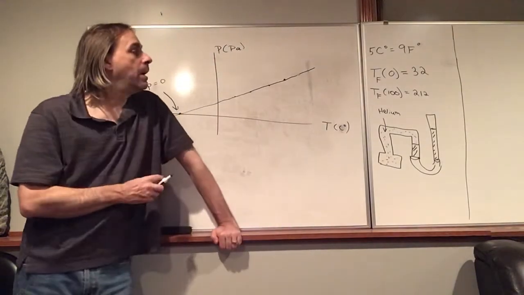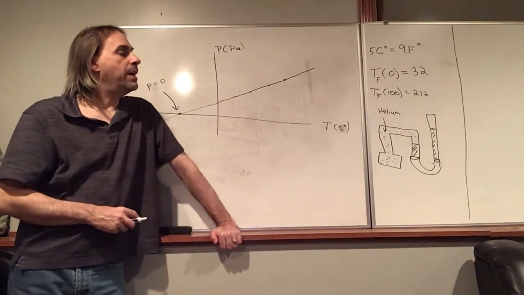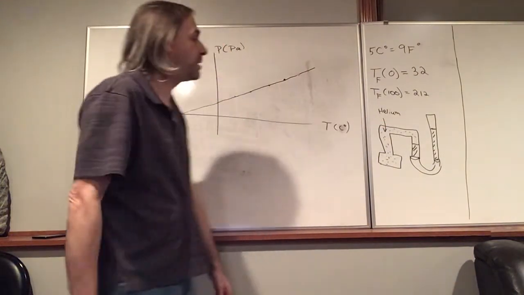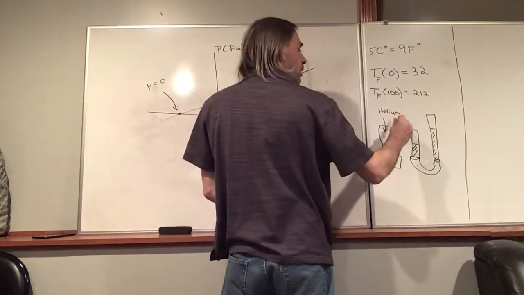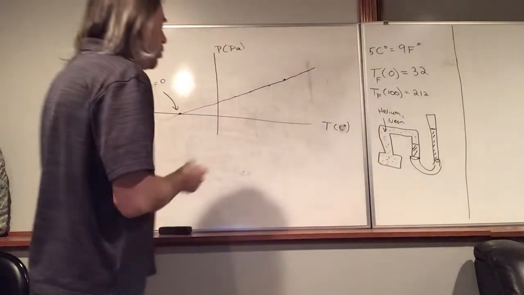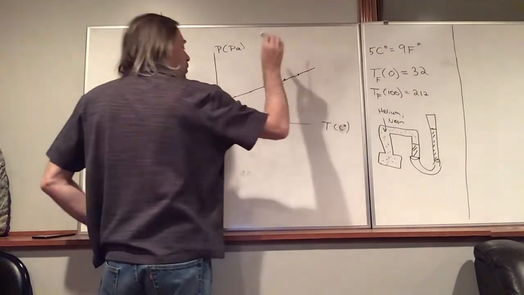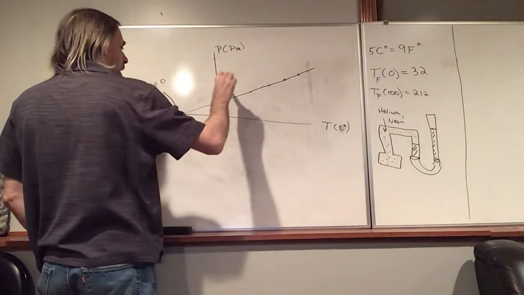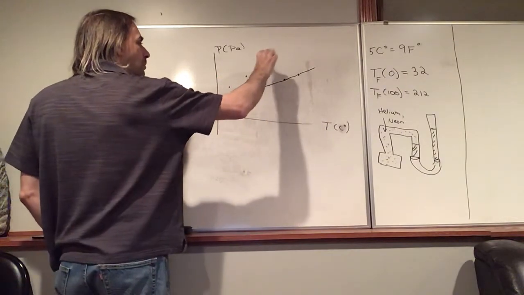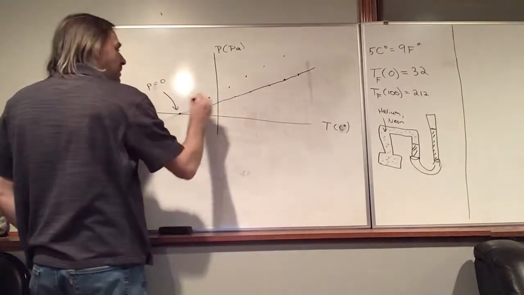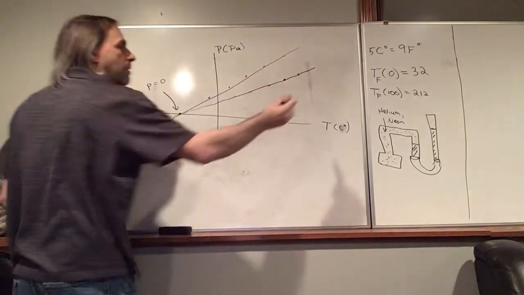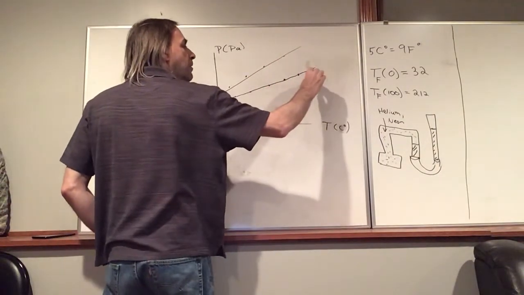However, something interesting happens if we change this to a different type of gas. Let's say we replace this with neon. That's another gas, and we'll get data that's also going to follow a line. It'll be a different line. I'm not sure which of these lines should even be steeper.